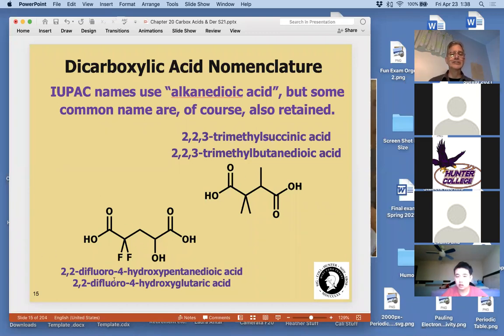And down here, I just got a little fancy, 2,2-difluoro 4-hydroxy pentane dioic acid. Part of the point here is that the alcohol has no priority over the fluorine. There's 2 fluorines, they win, they get 2. Again, once you've established your main functional group, everything else just becomes a substituent in one pool.